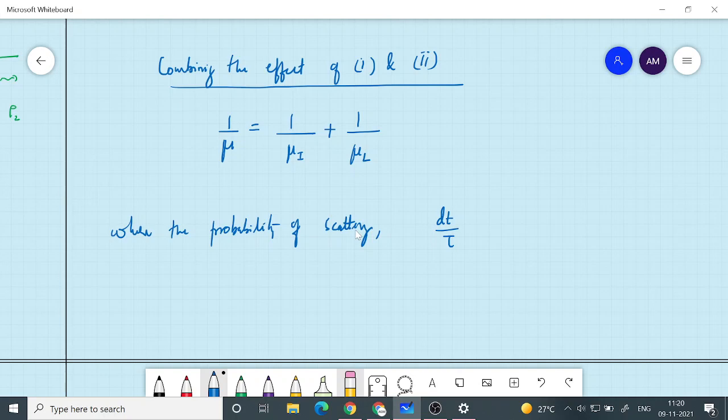Yeah. Okay, so now the total probability is the sum of the probability of scattering from one mechanism plus the probability of scattering from the other mechanism.